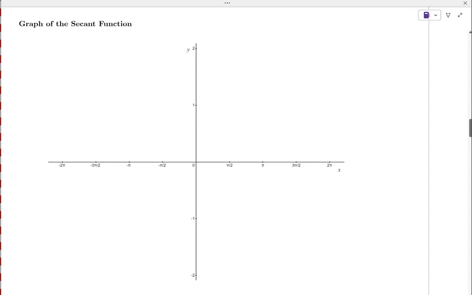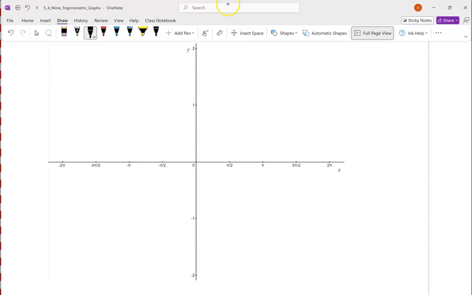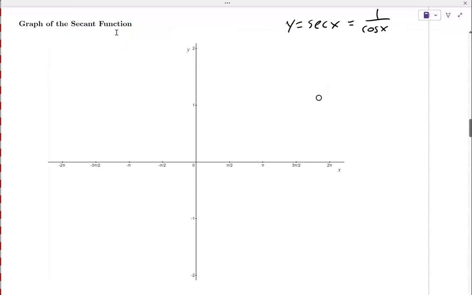To help us get a graph of secant and a graph of cosecant, we're going to put in a helping graph. For secant, let's do the exact same thing we just did for tangent and cotangent. Let's rewrite it first. How can we rewrite secant? 1 over cosine, good. So as a helping graph, let's put in the cosine graph. I'm going to put it in a different color to emphasize that it's a helper.